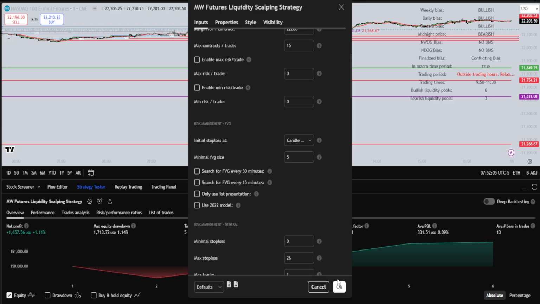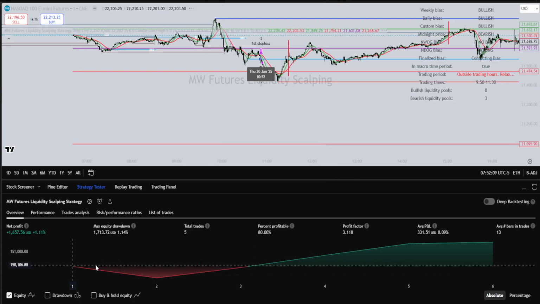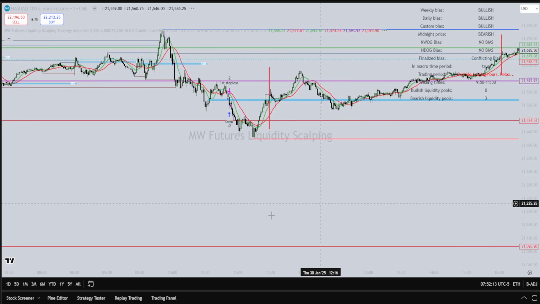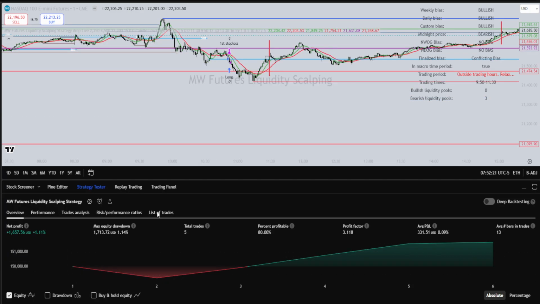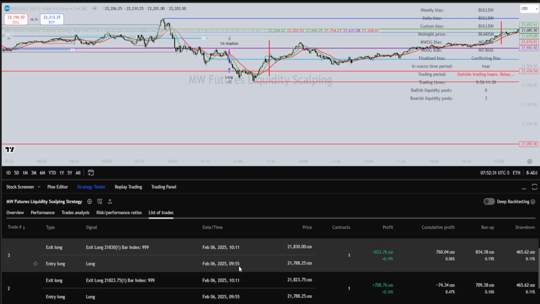But are there any other ways that we could keep all these trades and prevent this trade? Well, one way we could do is look at the time the trade was actually placed. So we know that we entered here on 10:52. Let's see the entry on the other trades and what time that is. We know that the winning trade for this trade was placed at 10:39. This winning trade was placed on 9:55.